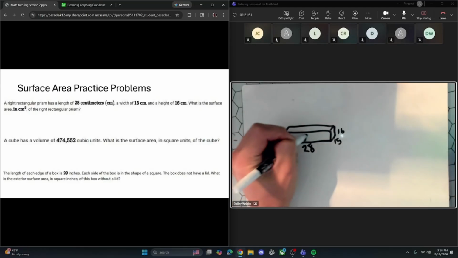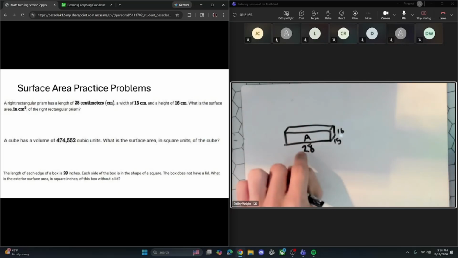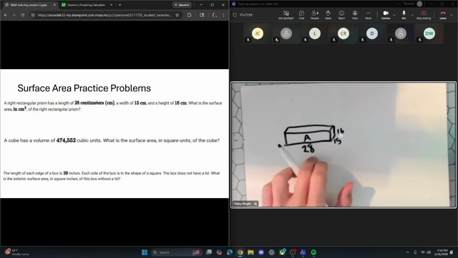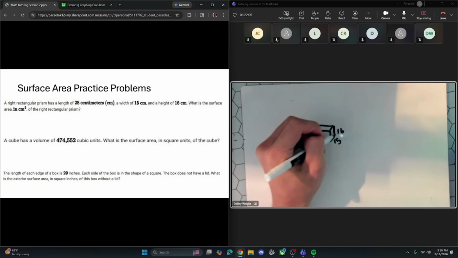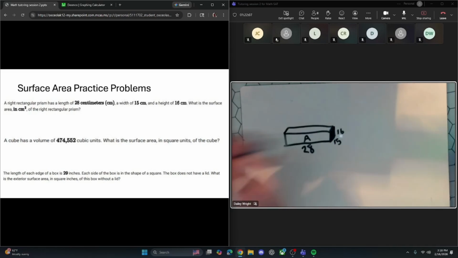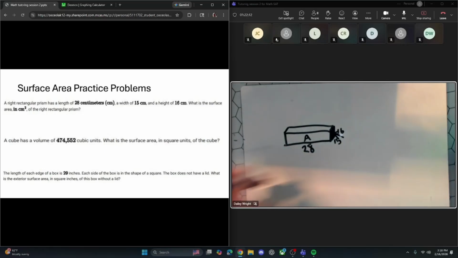So there's going to be 4 sides with this area, because 1, 2, and then the bottom side and the other side will all have this same area, because you're multiplying it by the same height. And then there will be 2 with the area of this square part right here, which would be 16 times 15.